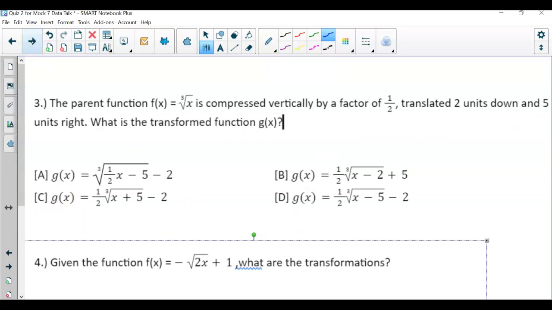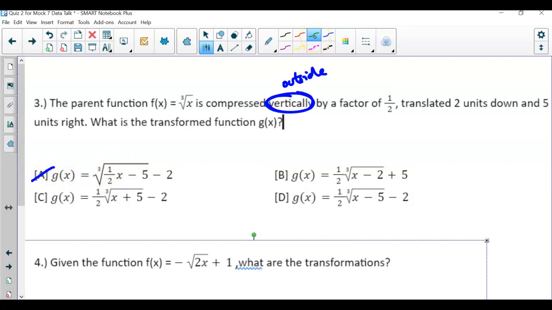Question number 3 and 4 were on the transformation. With question number 3, make sure you find it on your version. We are compressing vertically. Vertically means this needs to be on the outside of the radical, so I need 1/2 on the outside of the radical. I'm going to mark off A because the 1/2 was given inside.